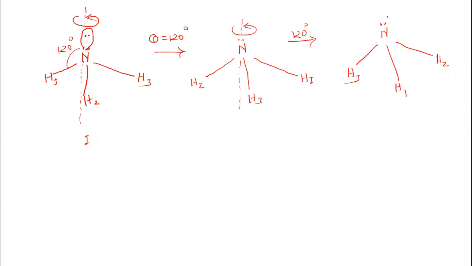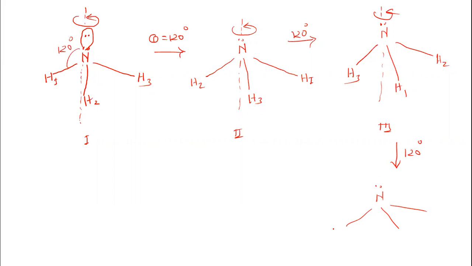Again we can perform the third rotation, passing the axis through the nitrogen atom. This is the second configuration, this is the third configuration, and once again we can rotate through 120 degrees. Then we get the configuration identical to the original one.